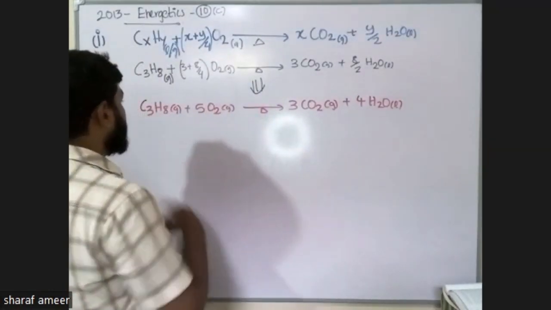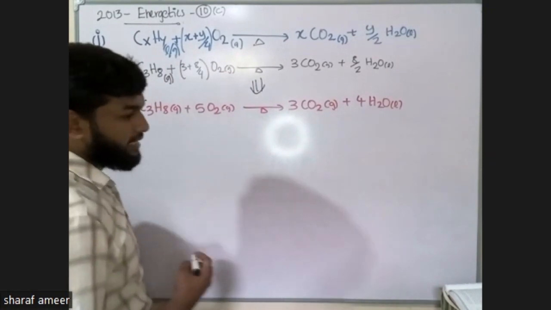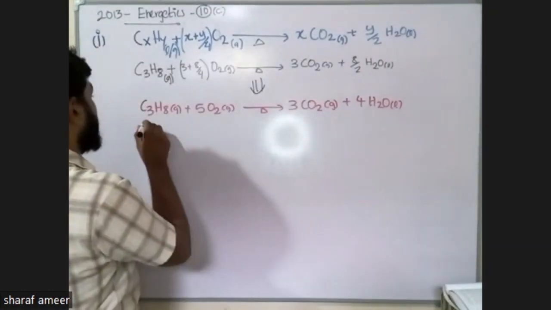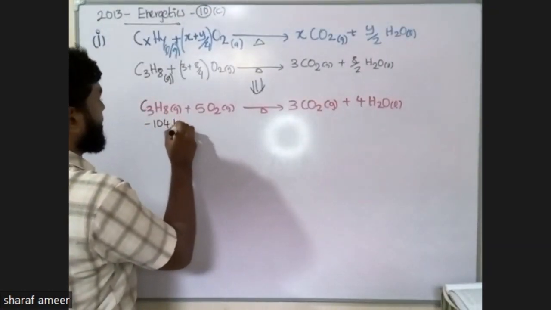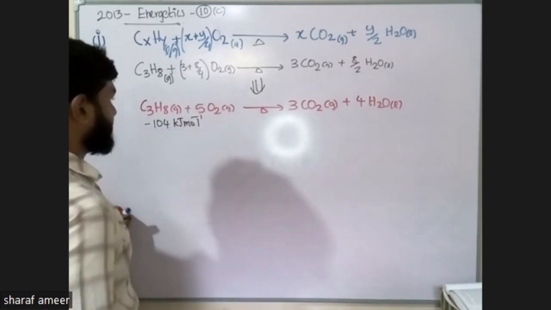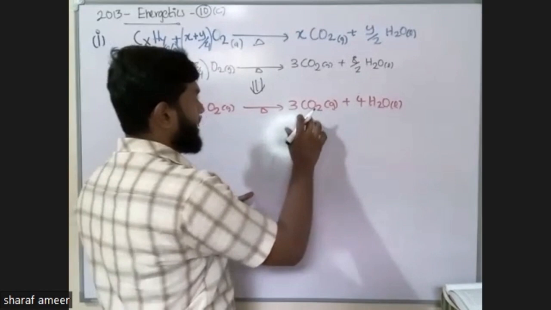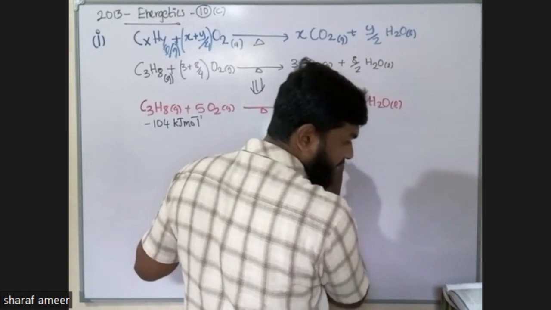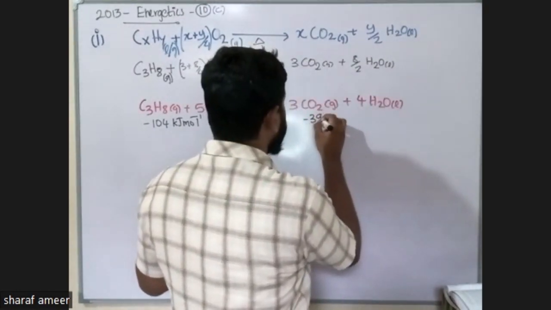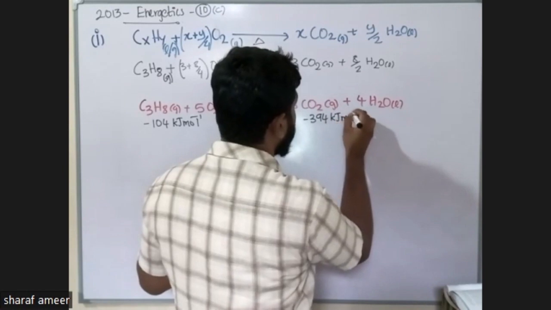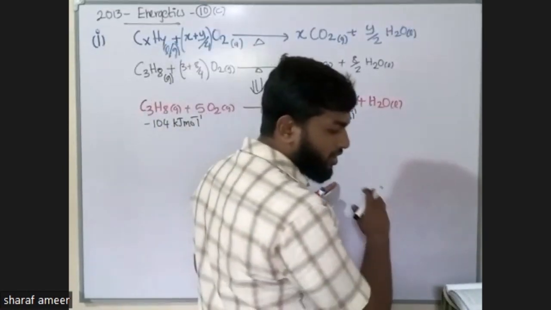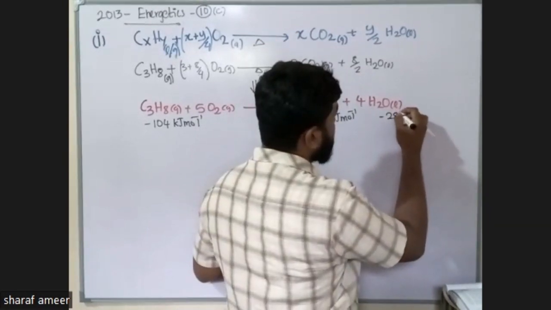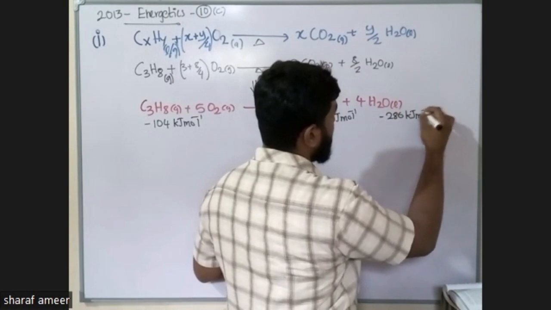So the formation enthalpy of C3H8 is minus 104 kilojoule mole minus 1. For carbon dioxide we have minus 394 kilojoule mole minus 1. For water we have minus 286 kilojoule mole minus 1.